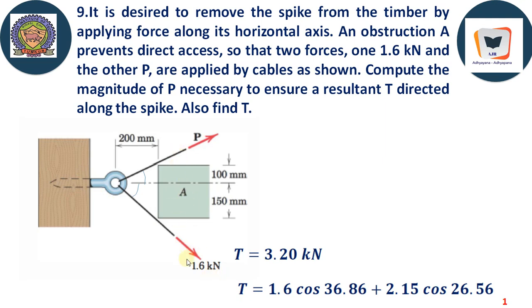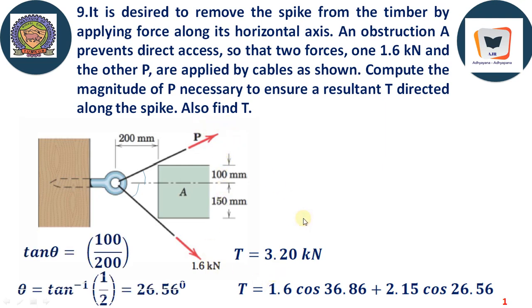Therefore, these two cables are under tension and it is being pulled because of this particular obstruction. The 1.6 kilonewton and the other P are applied by cables as shown. Compute the magnitude of P necessary to ensure the resultant T directed along the axis of the spike, let us say. Also find T. So we will just solve this.